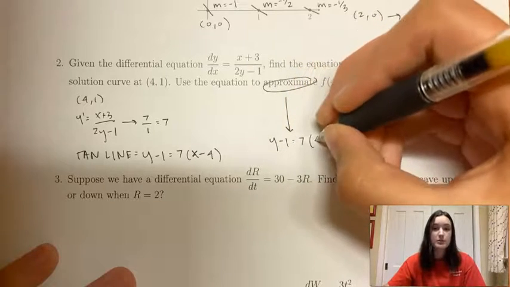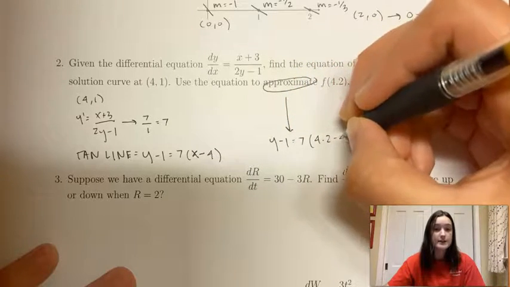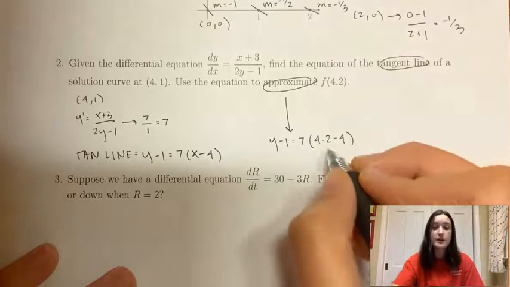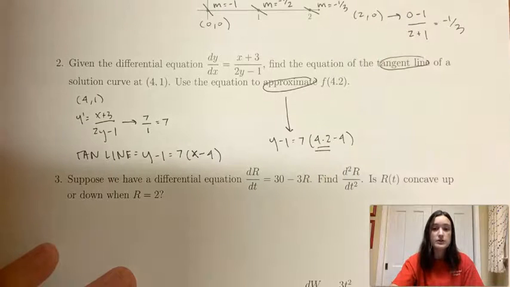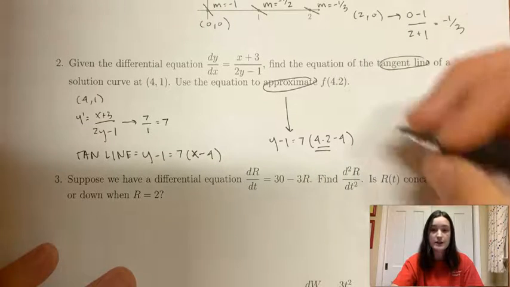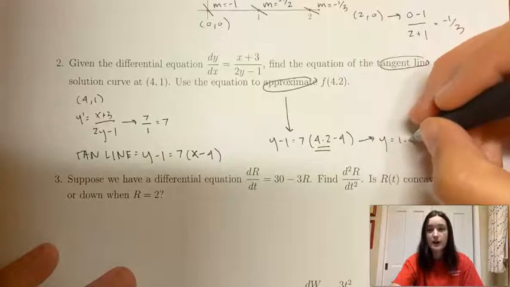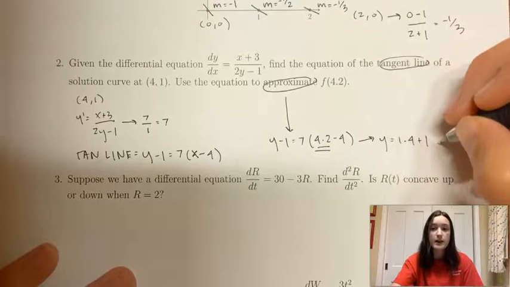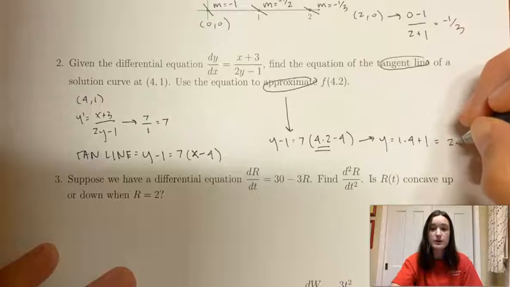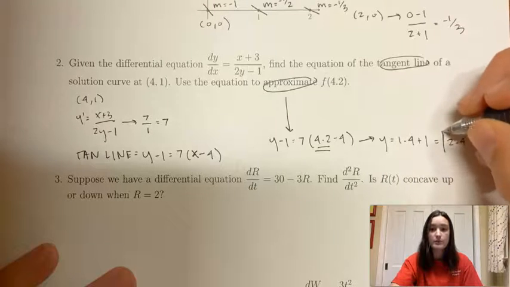So that just means we're going to plug in 4.2 where our x is on the line that we made. And then we're going to just solve that like we would solve anything else, isolating the y. So you would have y equals, and then I did some work in my head, 1.4, and then adding the 1 at the end is going to give you y equals 2.4.